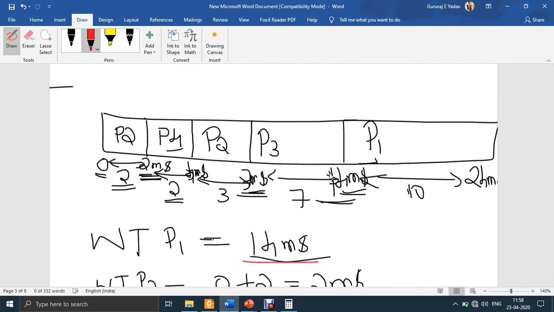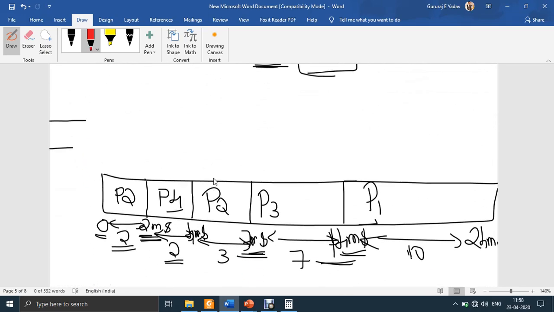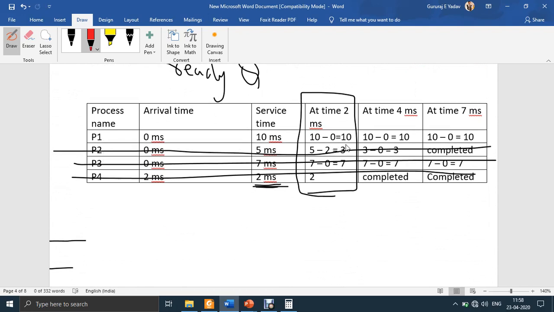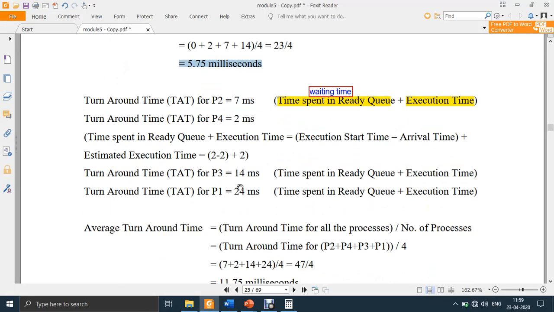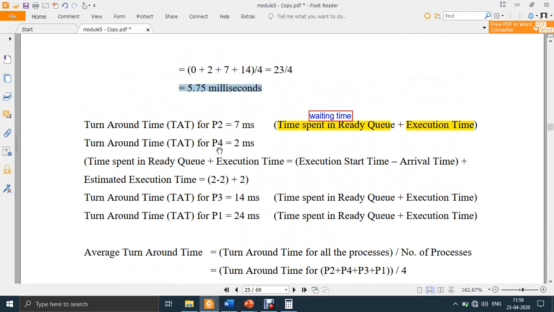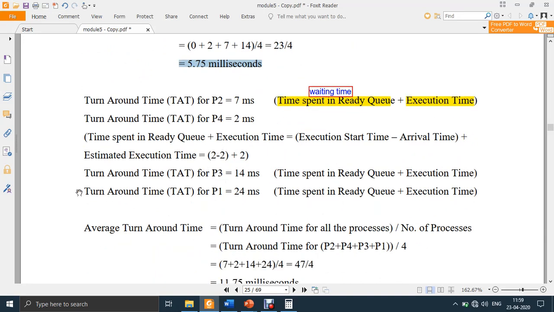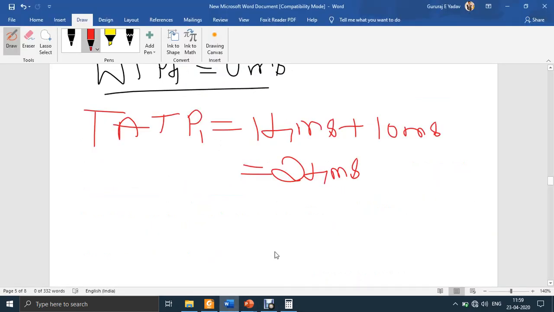The service time for P1 is 10 milliseconds. So it is 14 plus 10, which is equal to 24 milliseconds. This is the turnaround time for P1. I'll cross verify this with the example. Here the turnaround time for P1 is 24. That is what we got, right?